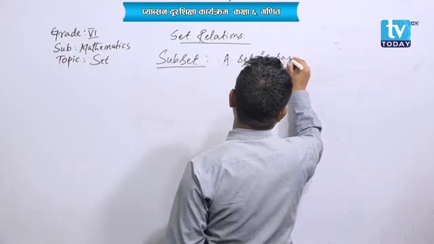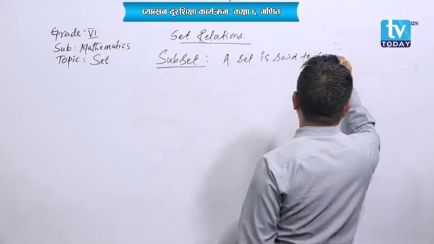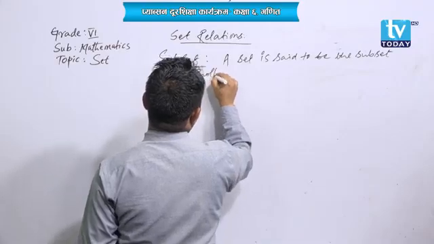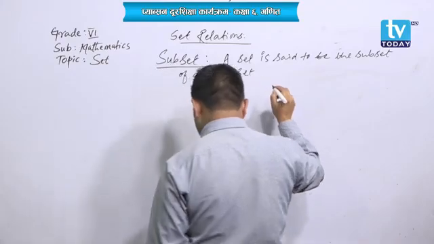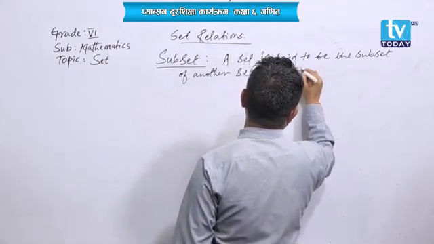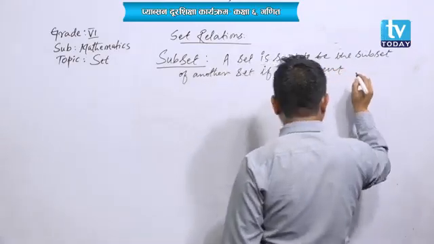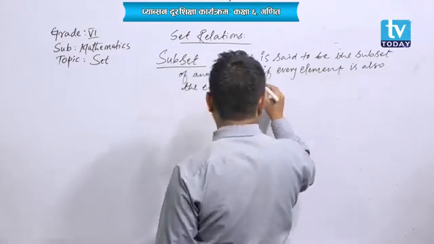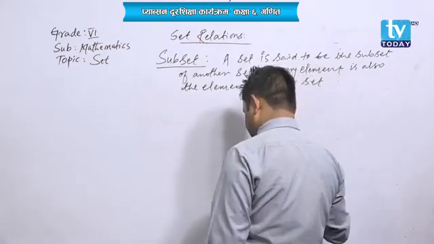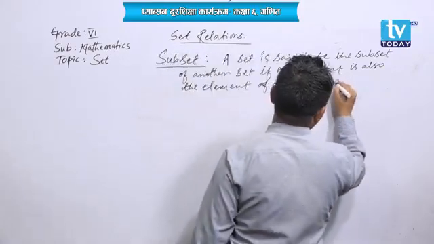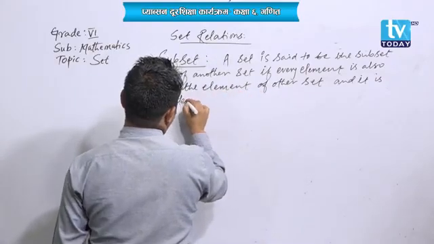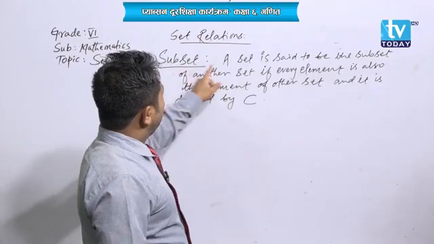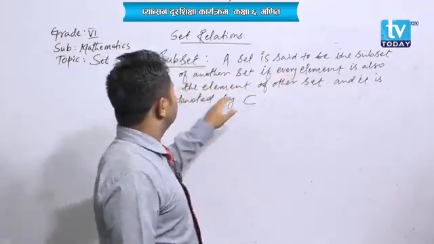A set is said to be the subset of another set if every element is also the element of the other set, and symbolically it is denoted by this symbol. This symbol denotes subset. Now, a set is said to be the subset of another set if every element is also the element of the other set.